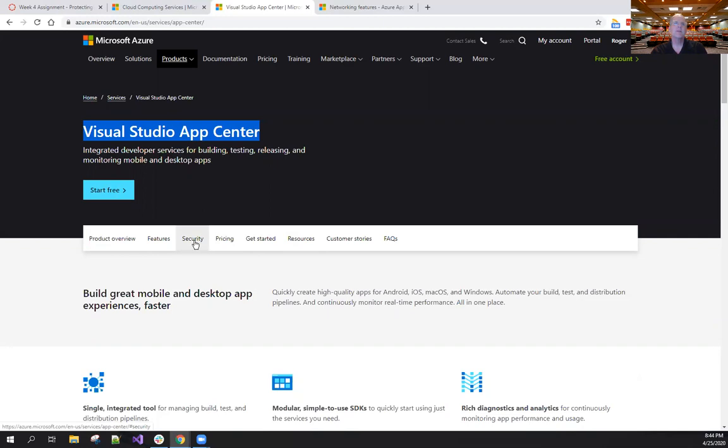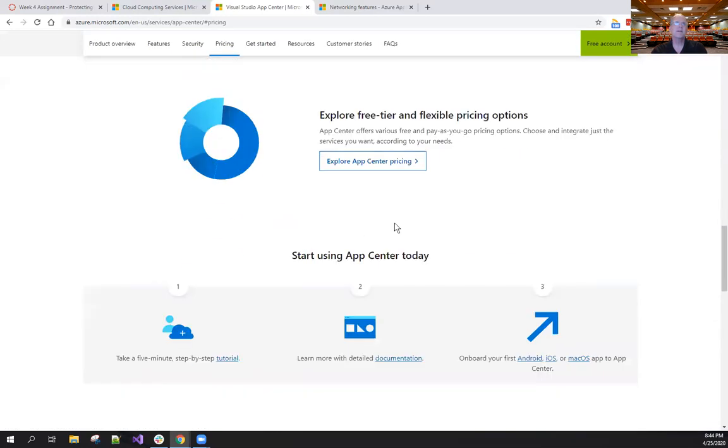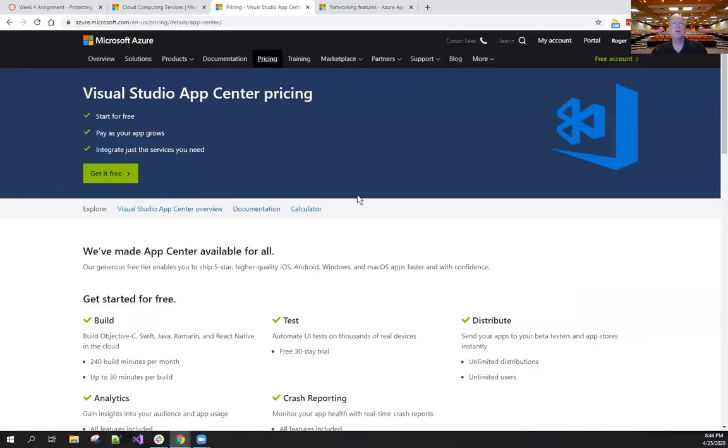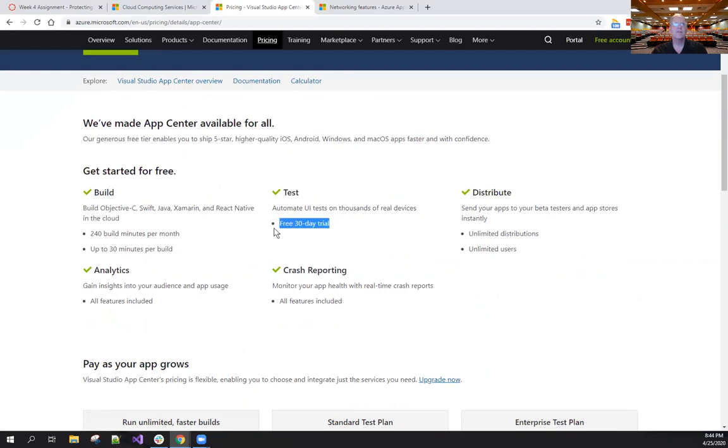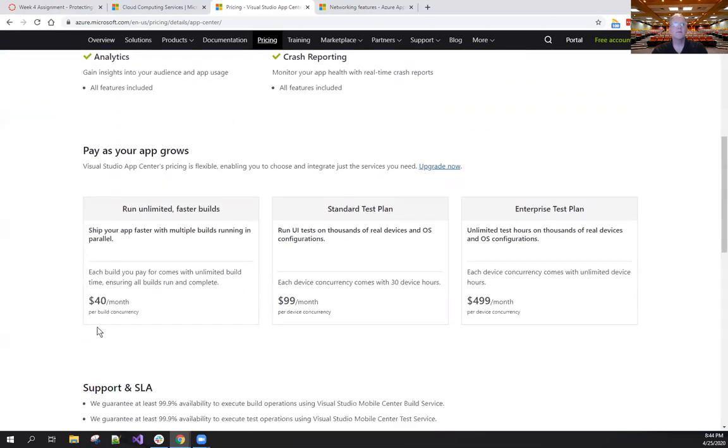So we looked at the security already. Let's look at pricing. Free tier. Whoa, man, they're pressing on my buttons here. Okay, start for free. Oh, 30-day trial. Build, analytics, crash reporting, distribute, pay as your app grows, $40 a month.